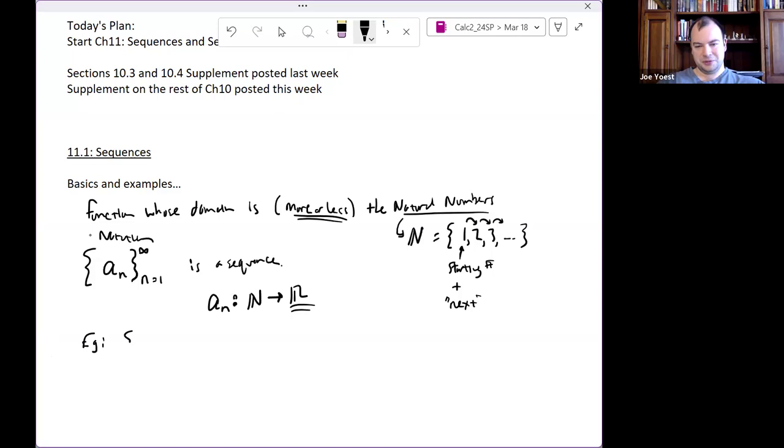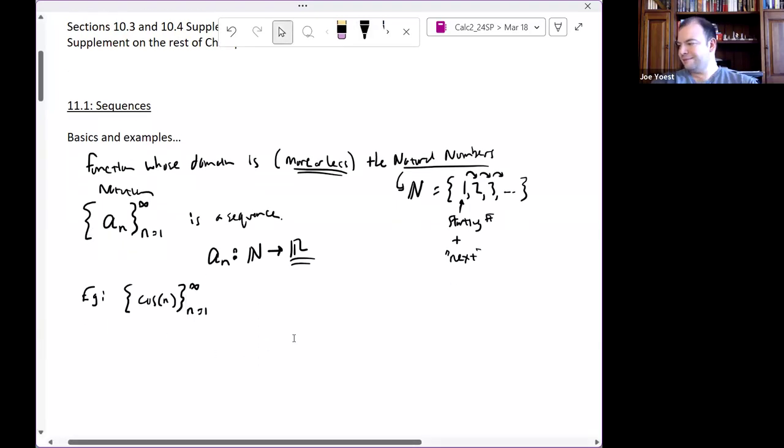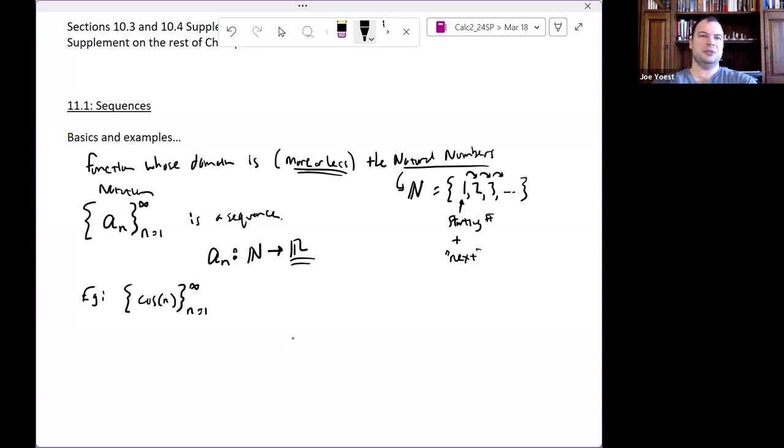So some examples. Say cosine of n, n equals 1 to infinity, would be an example of a sequence. Now, the interesting thing about a sequence is I can enumerate the terms.